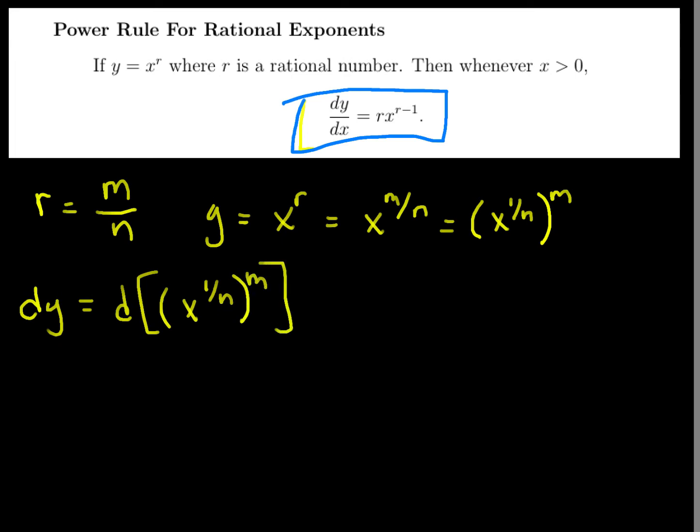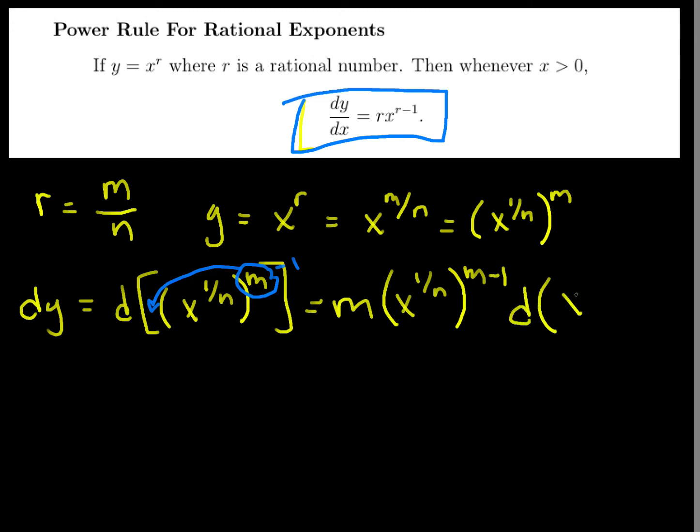So this is just a straightforward power rule. This becomes our coefficient, and I'll subtract 1 from it. So this is equal to m times x to the 1 over n raised to the m minus 1 power, times the differential of x to the 1 over n.